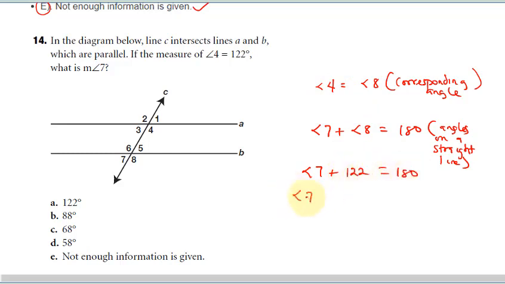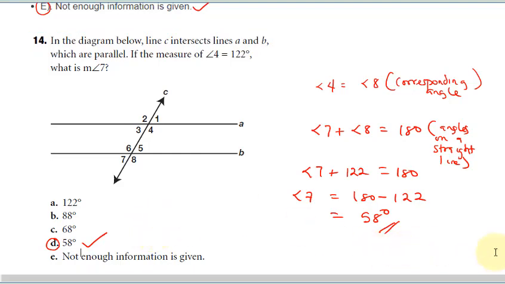Therefore angle 7 is going to be 180 subtract 122. And now when you do this, you're going to get 58 degrees, and the correct answer here is D.